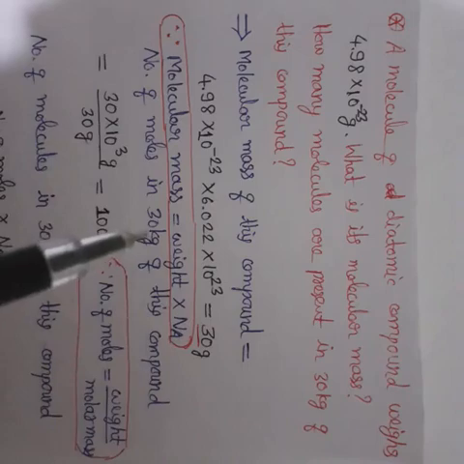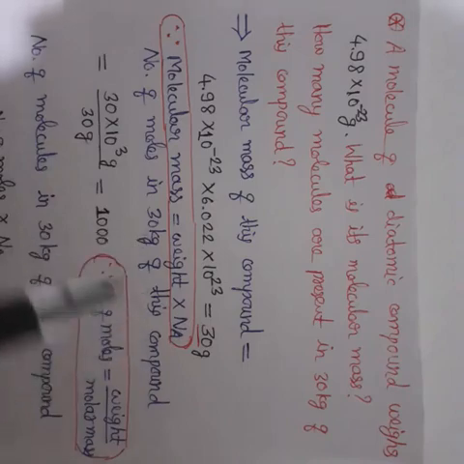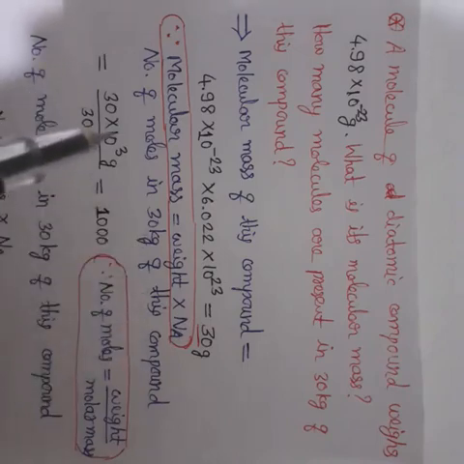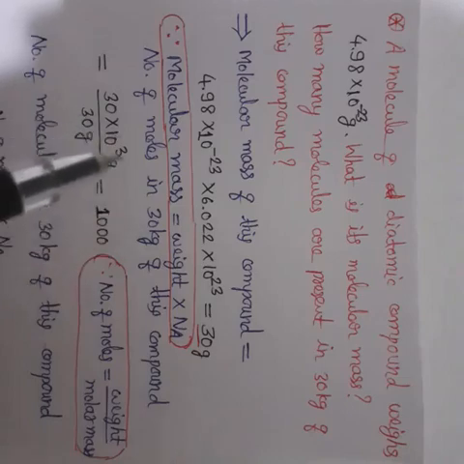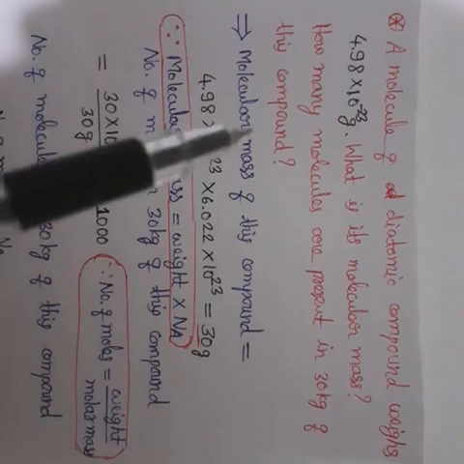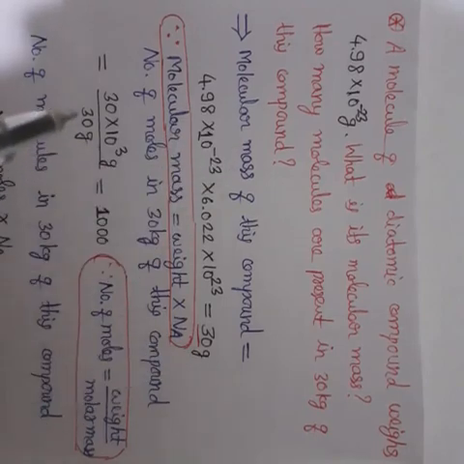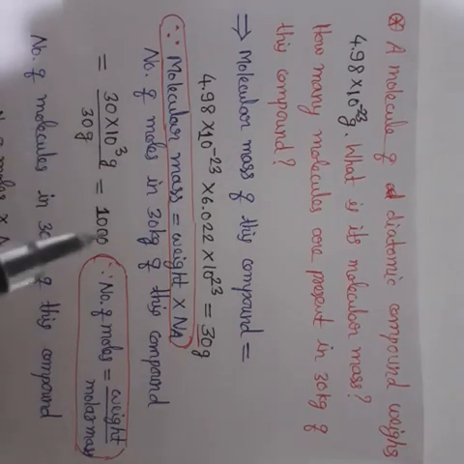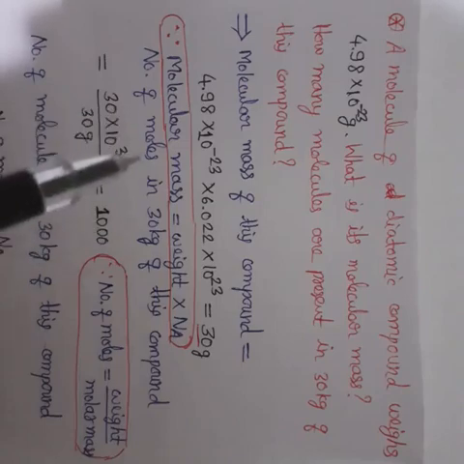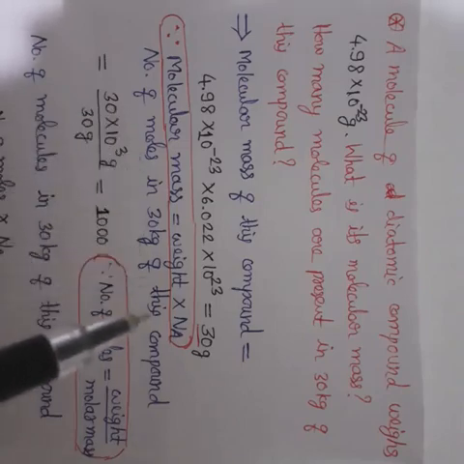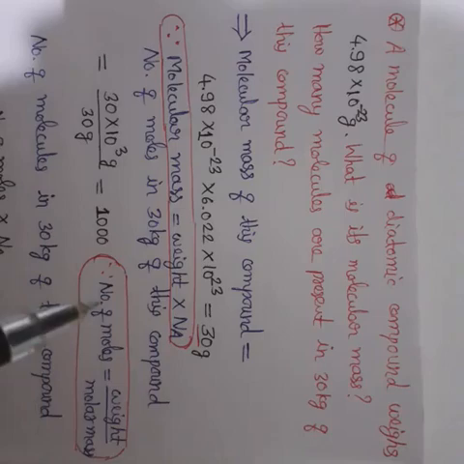The number of moles in 30 kg of this compound is equal to 30 kg, that means 30 into 10 to the power 3 gram, divided by the molecular mass, 30 gram. That gives 1000. This is the number of moles in 30 kg of the given compound, because the number of moles is equal to weight divided by molar mass.